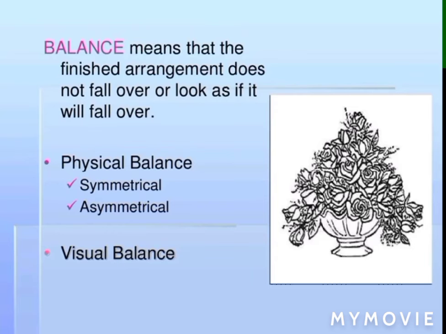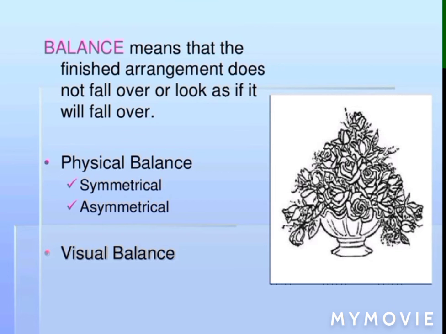Balance means giving a finished arrangement that doesn't fall or overlook, and it gives a balance. These are of two types, symmetrical or asymmetrical. Symmetrical balance means formal balance in which both the sides look equal, and asymmetrical balance is the informal balance in which the arrangement can be abstract.